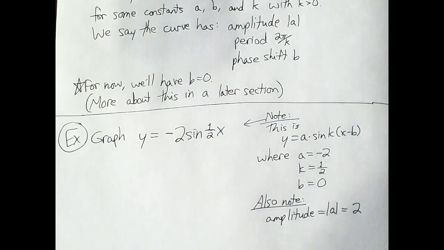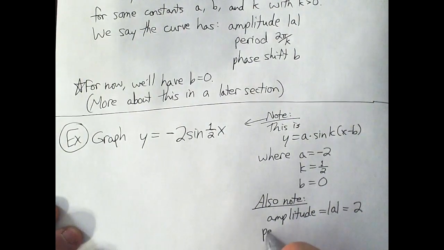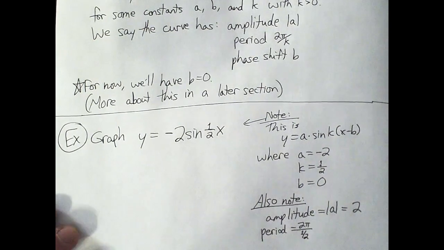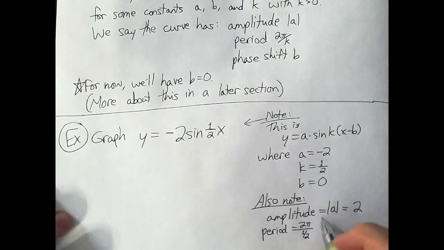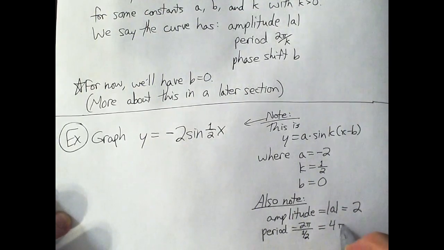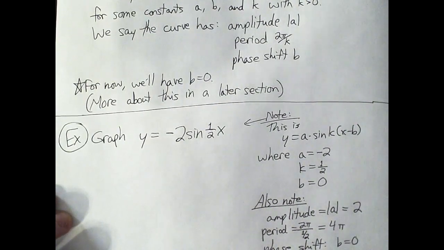Absolute value of -2 is 2. The period is 2 pi over k. 2 pi over 1/2 is 4 pi. And the phase shift is 0 in this case.